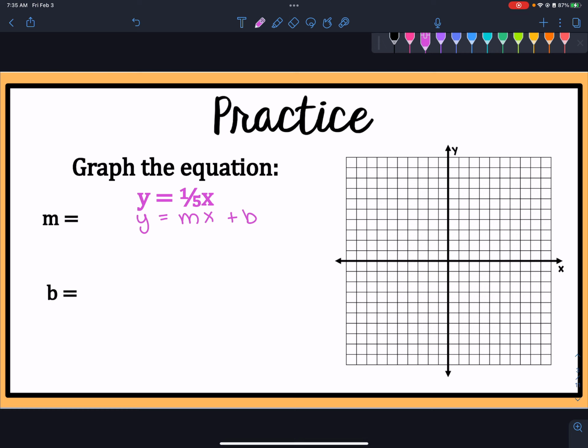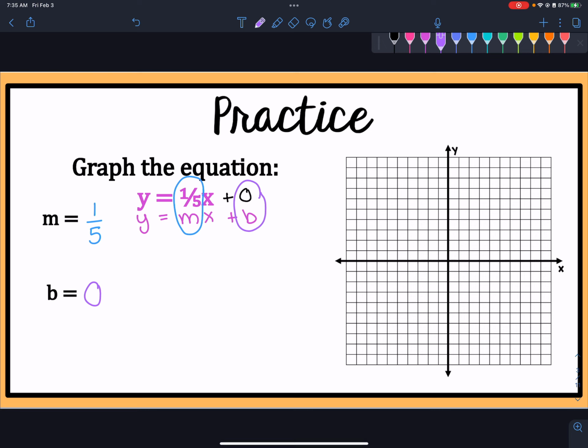So right off the bat, I am noticing that 1/5 is my slope. So I have 1 over 5. But if you notice, I don't have anything for my b value. Well, I kind of do. I'm actually adding 0. So my b value here is 0. So whenever there's a number that's not being added or subtracted, our b value is 0.